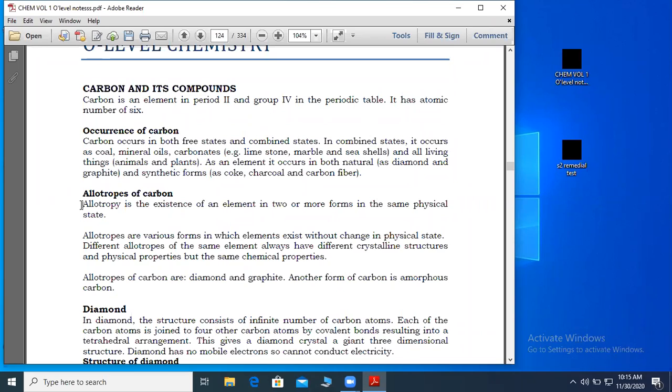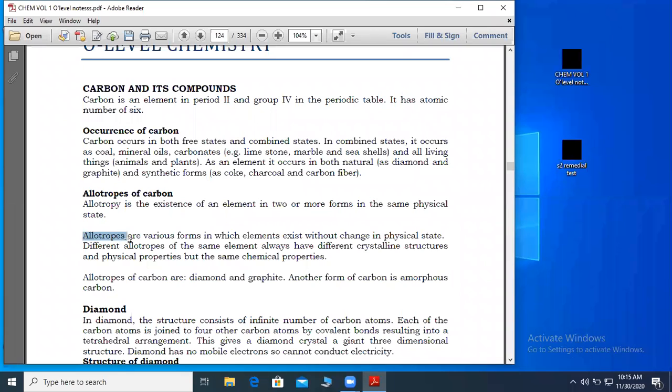We have two words. One word is allotropy and the other word is allotropes.